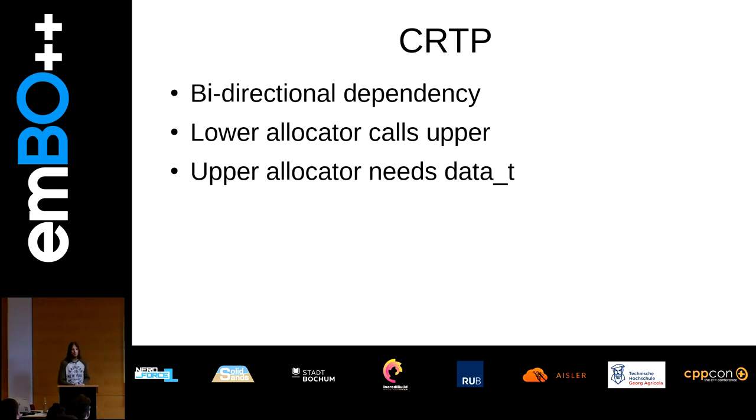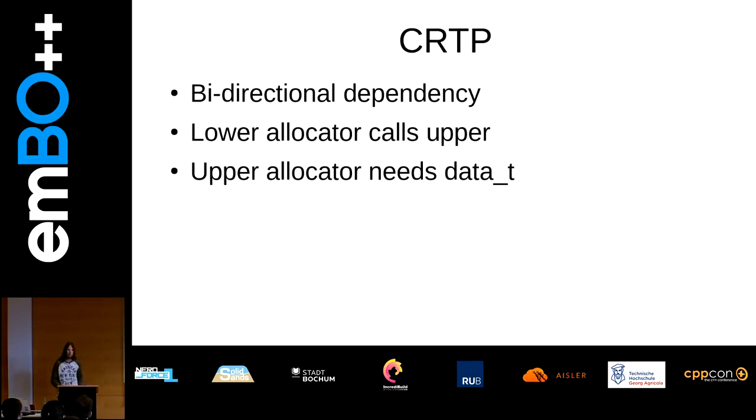And you may also have seen the inheritance structure looks a bit complicated. It uses the curiously recurring template pattern, which is a pattern to be able to access parent classes from a subclass of inheritance.